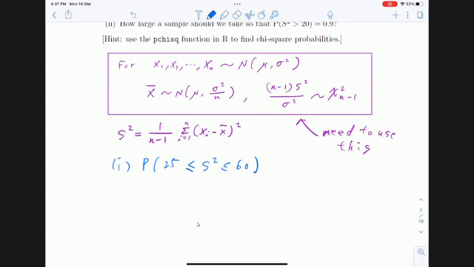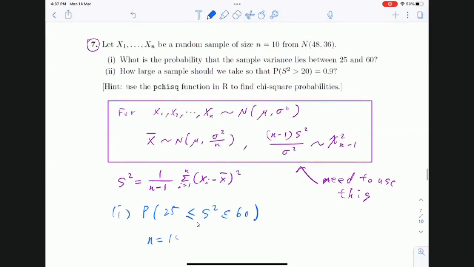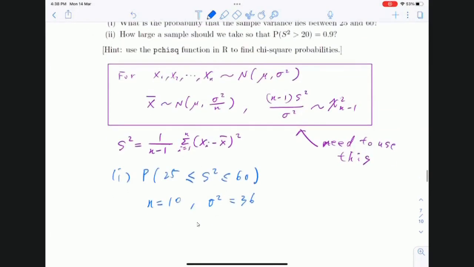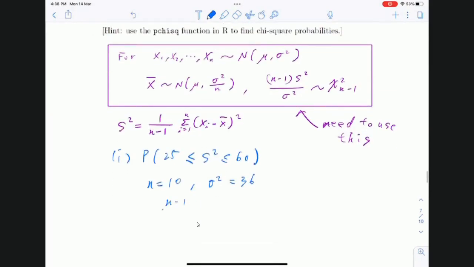According to the question, n is equal to 10. Sigma squared is equal to 36. So that n minus 1 S squared over sigma squared is equal to 9S squared over 36, equal to S squared over 4. And this will be distributed as chi-squared 9 because n minus 1 is equal to 9.